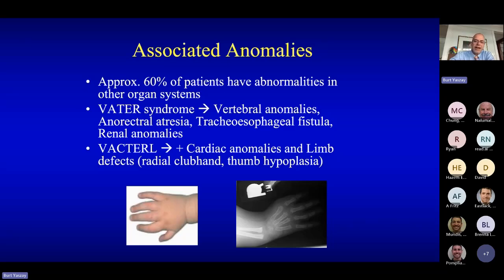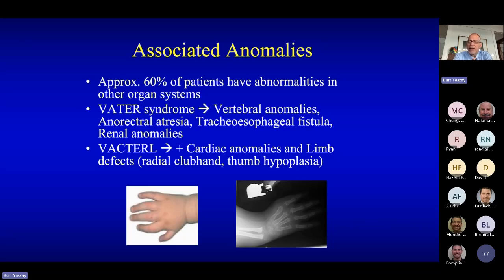The best way to remember the two most common is VATER syndrome or VACTERL. You can see here renal anomalies, typically a tracheoesophageal fistula, anorectal atresia; these are things that will be caught at birth, right? So VATER and VACTERL aren't in these situations going to be something that you're likely going to diagnose.